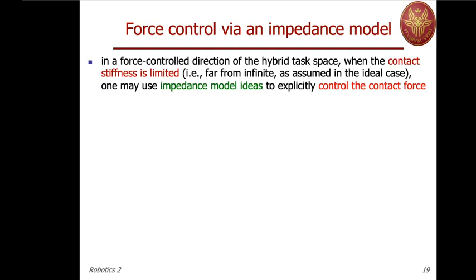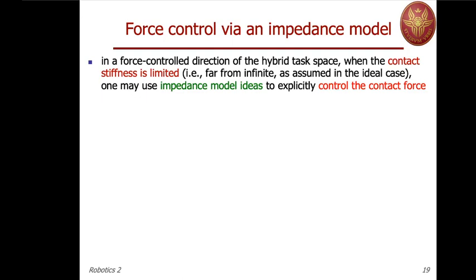There are situations in practice, and this is why this formalism applies also to the non-linear ideal case, where the contact in those force-controlled directions is in fact with limited stiffness. So there's no rigid contact, but a finite stiffness, namely a compliance, that can be used for designing still a force control in that direction.